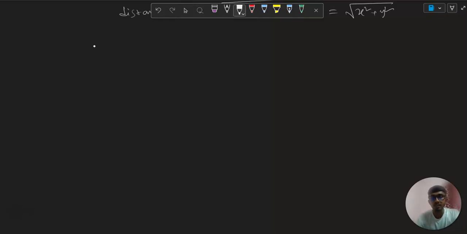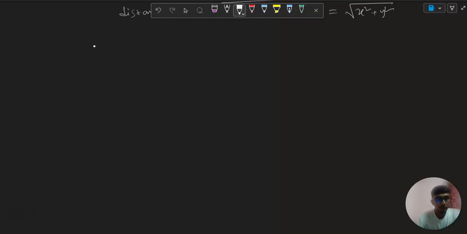Now, to put a complex number in the grid of the complex plane, this distance alone cannot help, right? We need also direction to put that complex number in the complex plane.